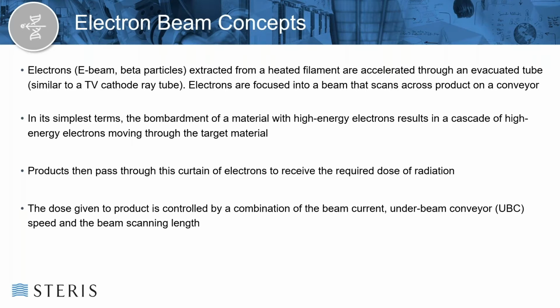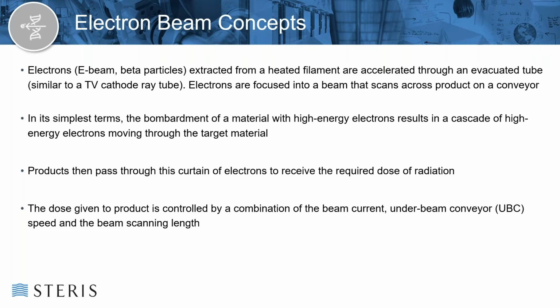Rather, our electrons are accelerated at a much higher beam energy, and they're accelerated towards a thinner target. Our targets are metal windows that are there primarily just to contain the vacuum in which the electrons are accelerated. Those electrons penetrate that target window easily to go into the atmosphere and the region in our vault in which we are passing product through.